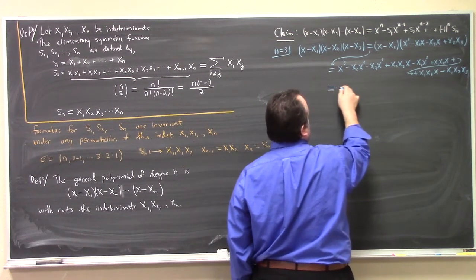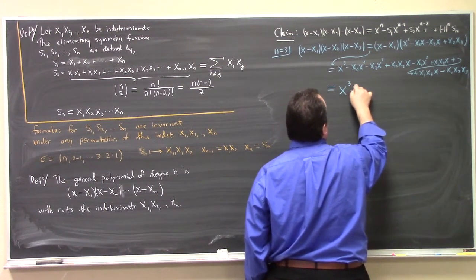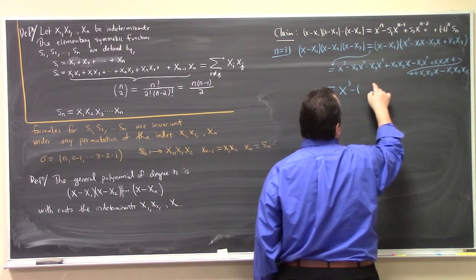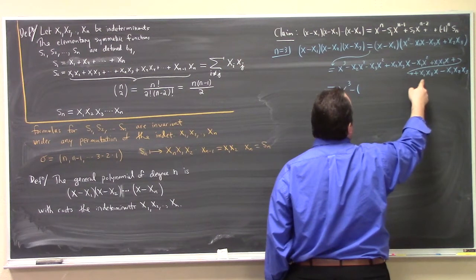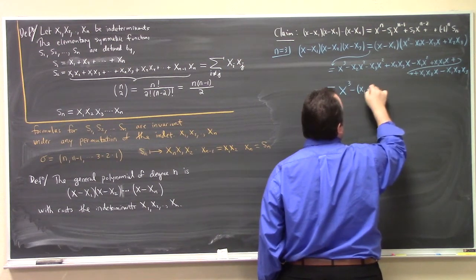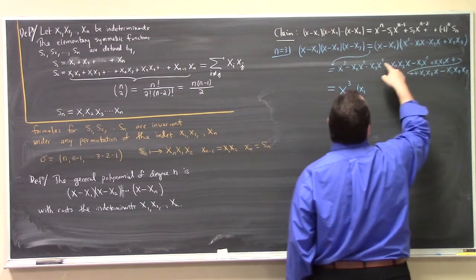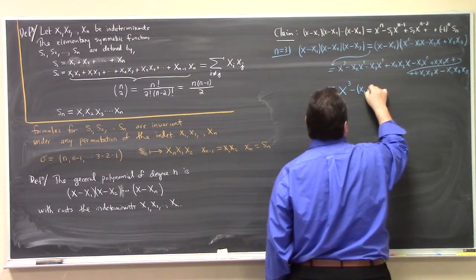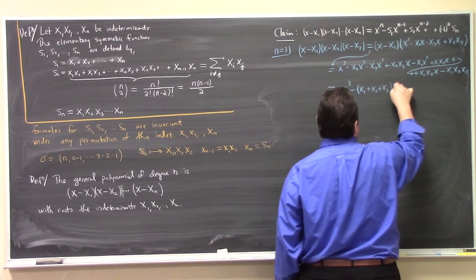Which is equal to x cubed minus, well, the x squared terms. I've got one here, I've got one here, so (x1 plus x2 plus x3) times x squared.